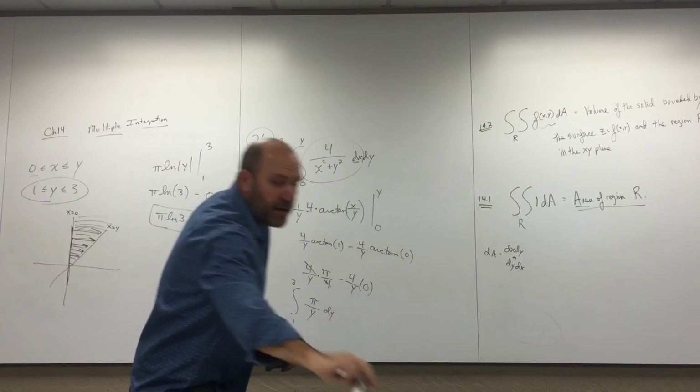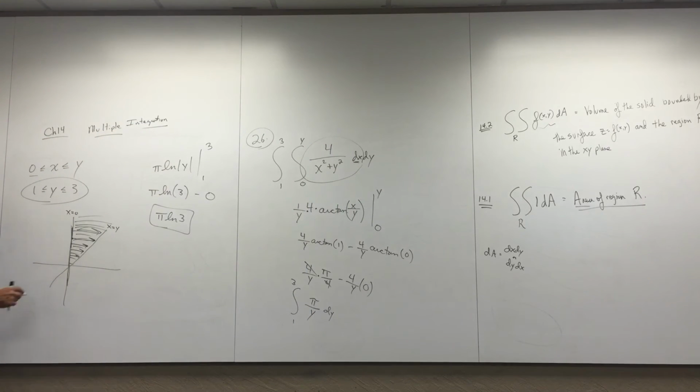So do we have a good sketch of this region? Maybe. There's 1, there's 3 for y, and so we must be between 1 and 3. Well, yeah, it must be this. It's really not this, or this. You guys okay?